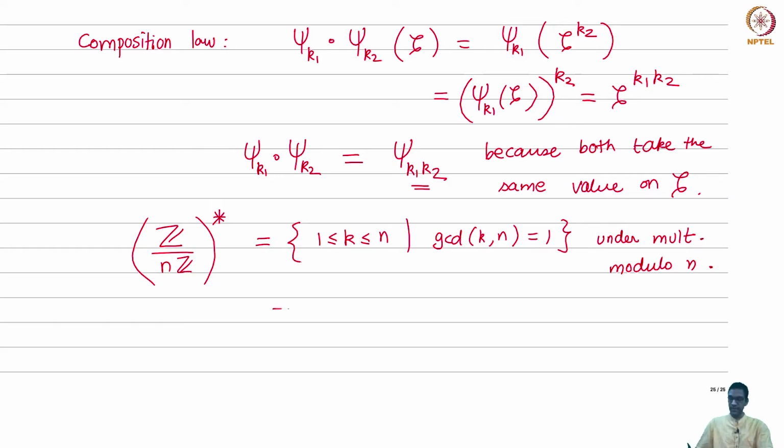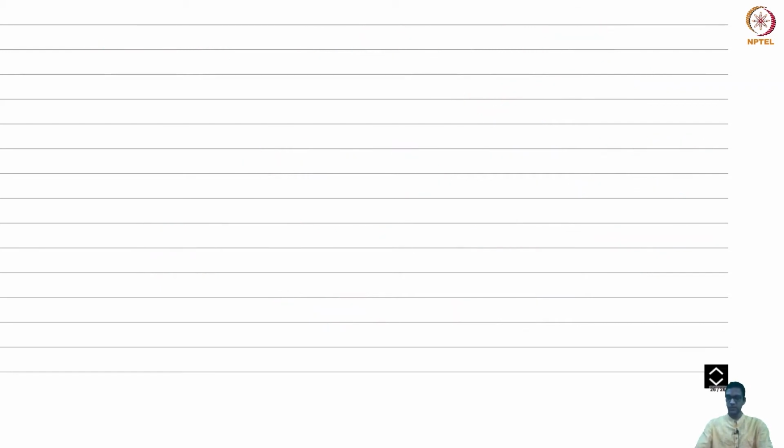Another way of saying it is that this is isomorphic to the group gamma n star of primitive nth roots of unity under multiplication. So you should think of the primitive nth roots of unity as a group under multiplication. They are all some complex numbers, and if you multiply two primitive nth roots of unity, what you get again is a primitive nth root of unity. Okay, so this is the group structure.